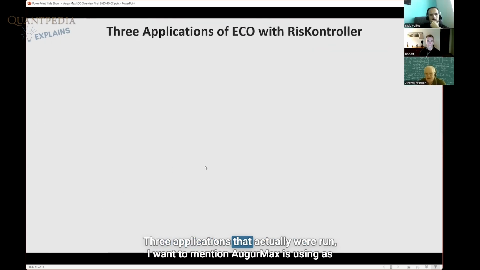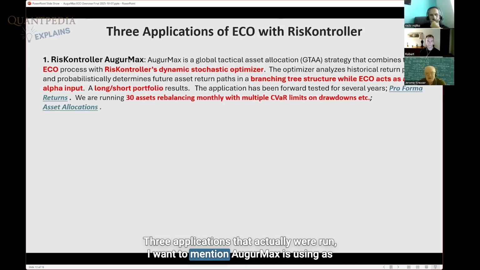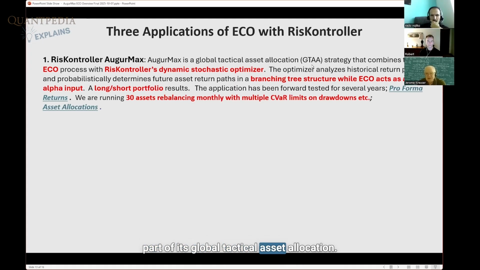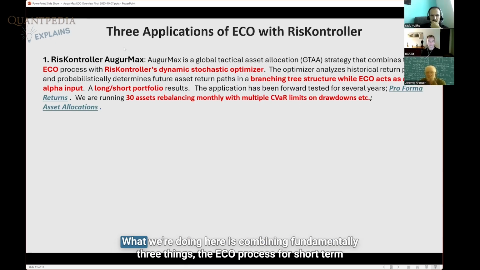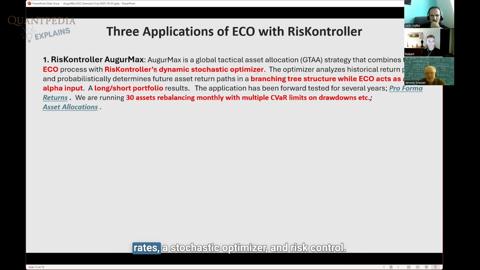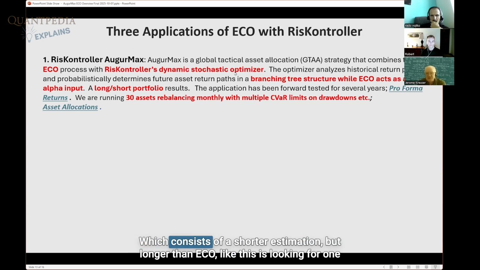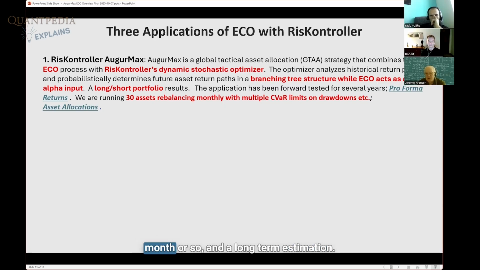There are 3 applications that were actually run, I want to mention. AlgoMax is using this as part of its global tactical asset allocation. Rob is going to talk a little bit about the results on that. What we're doing here is combining fundamentally 3 things: the Echo process for short-term rates, a stochastic optimizer and risk controller, which consists of a shorter estimation, but longer than Echo, looking at 1 month or so, and a long-term estimation.